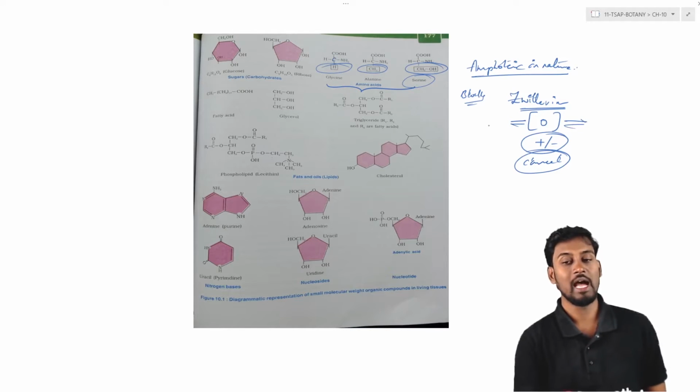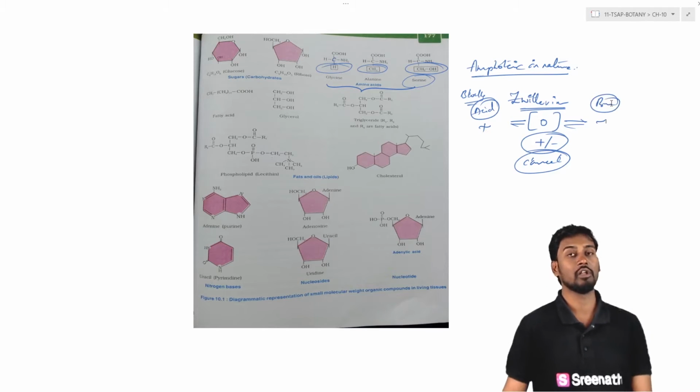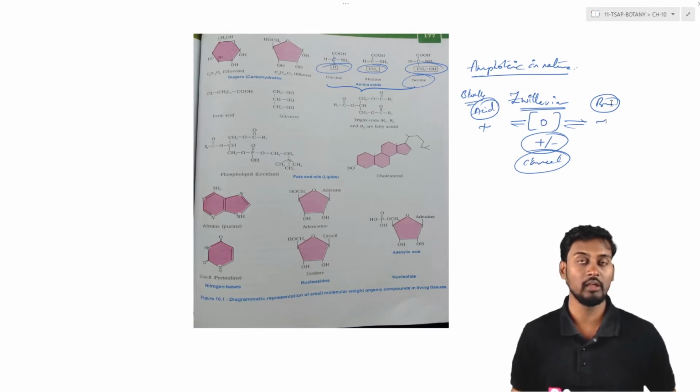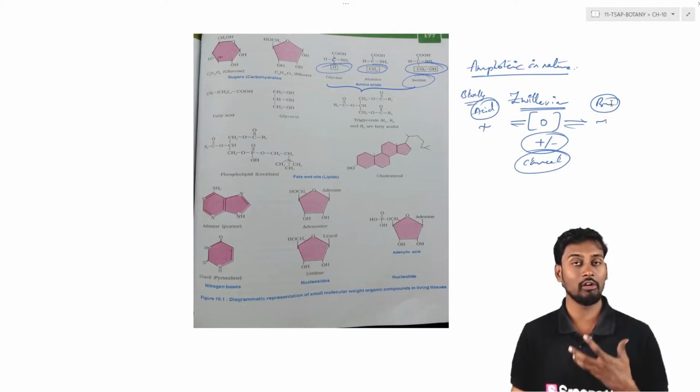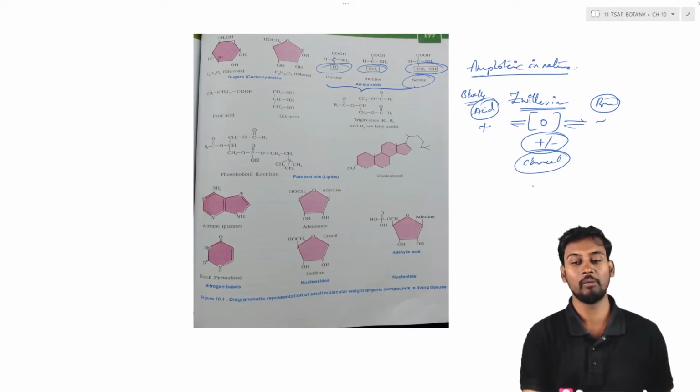So this tendency of showing both charges together on a single compound is called a zwitter ion, when pH is equal to the PI value.